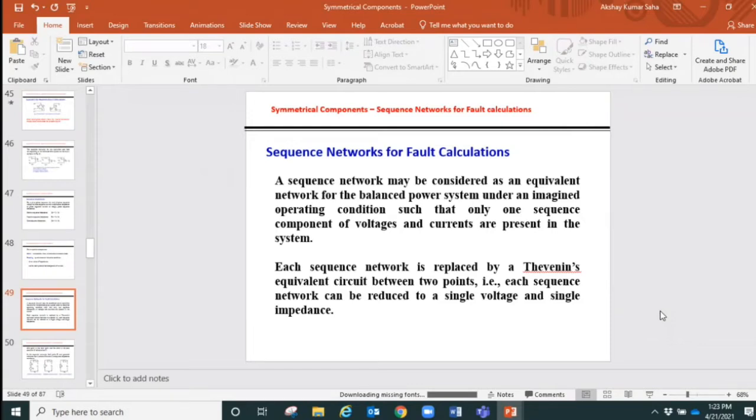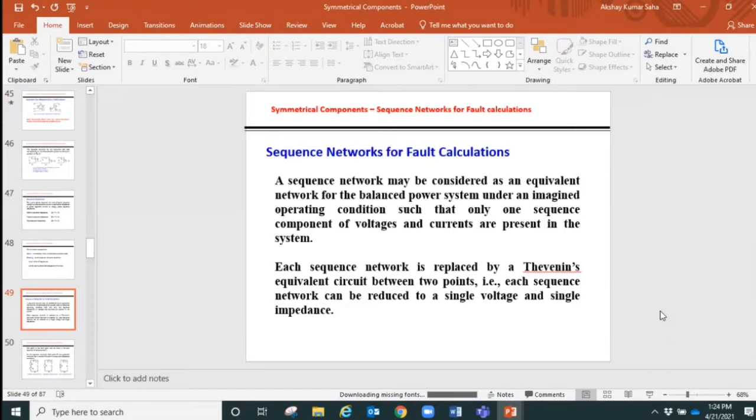And we show a single network using a voltage source for positive sequence and an impedance, and showing the respective polarities, the current, voltage, and impedance for that particular sequence network.